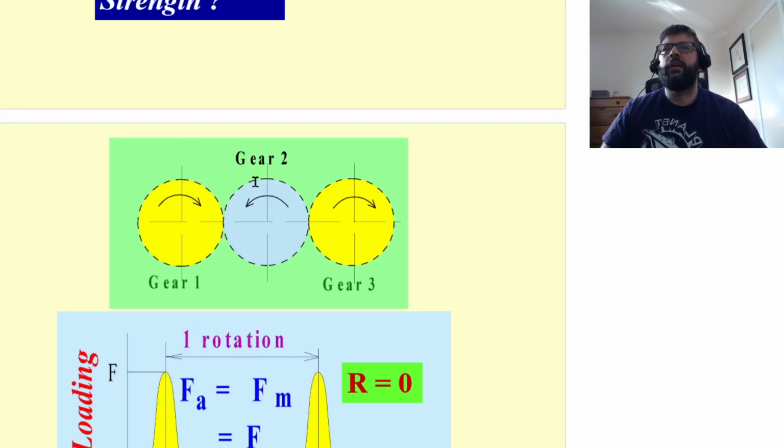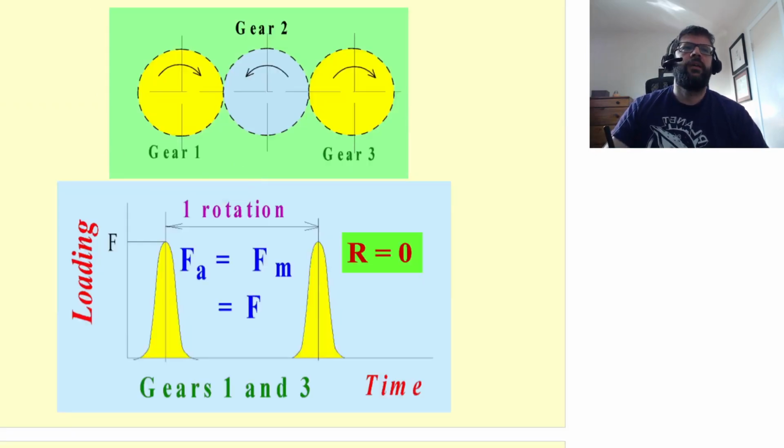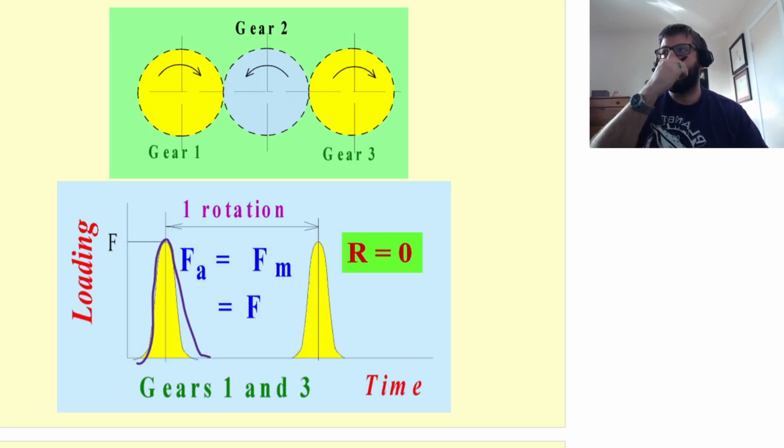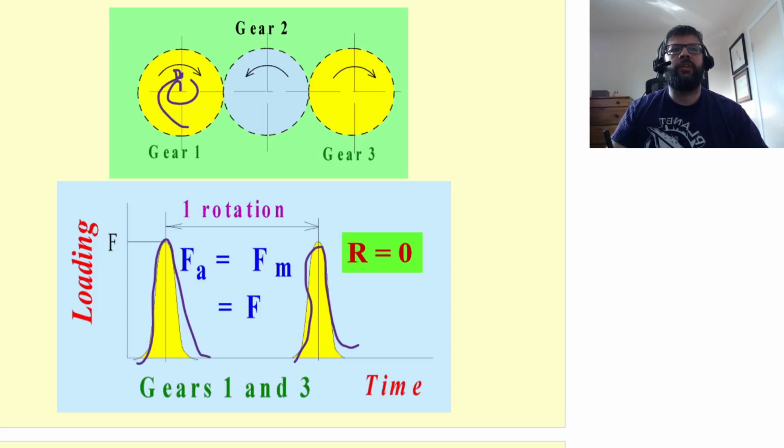So what's going on here? We're getting spikes in the stress level that occurs as the gear turns. Basically there are two situations that could occur. If you have this gear connected to a shaft, power is coming from the shaft and then being transferred to another gear via the teeth.